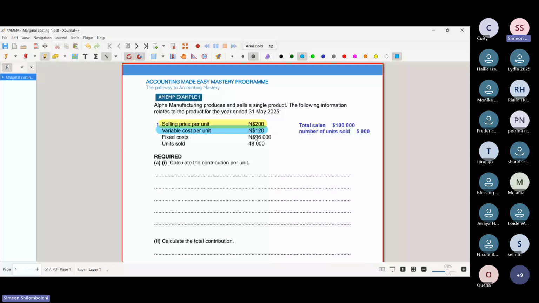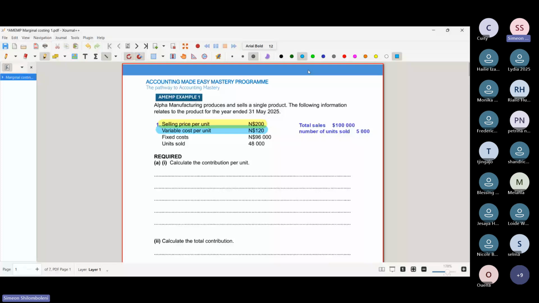Now, in some exercises, the variable cost per unit will not be stated. You will just get a lot of information, and you need to add it together, calculate, and then check, okay, now this is my total variable cost. That's another example that we are going to do later, whether today, next Saturday, or if I organize a class tomorrow. The idea is for you to understand, not for us to finish it.